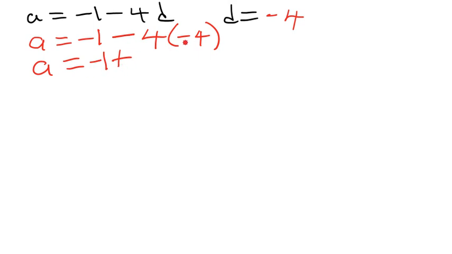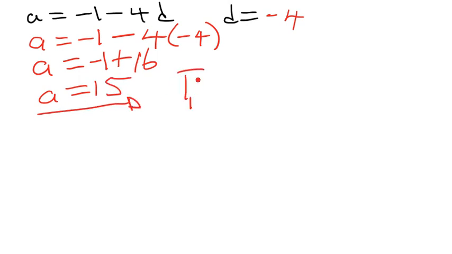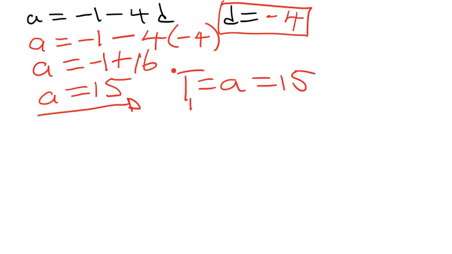Negative multiplied by negative gives us positive. 4 multiplied by 4 gives us 16. Now minus 1 plus 16 will give me 15. So T1, which is equal to a, is equal to 15. Now we have got d, which is the common difference, and we have got T1.